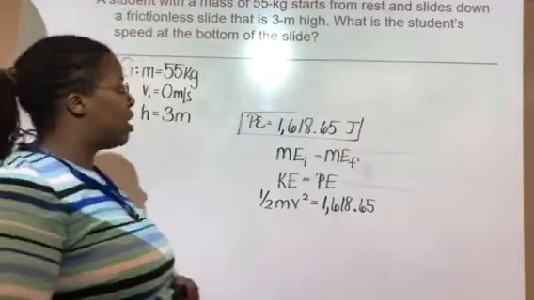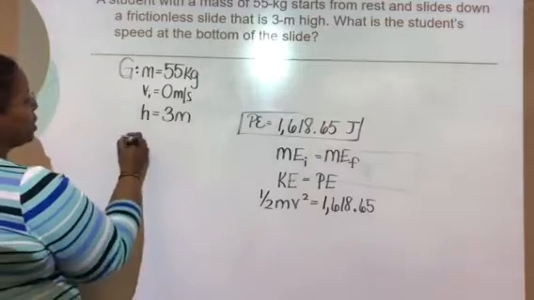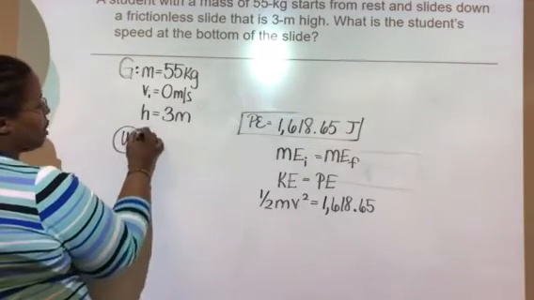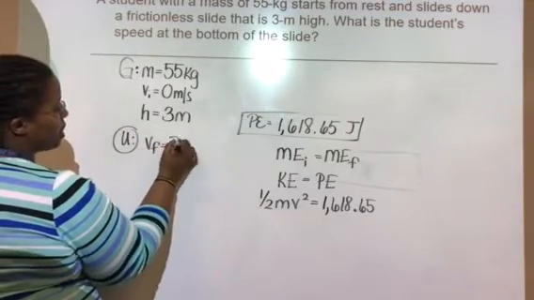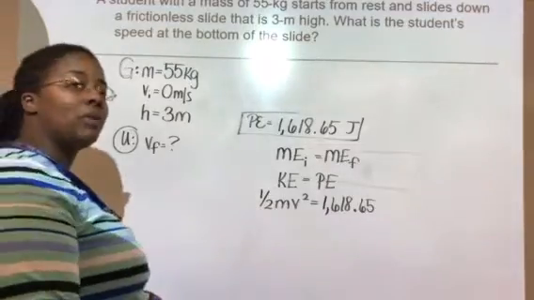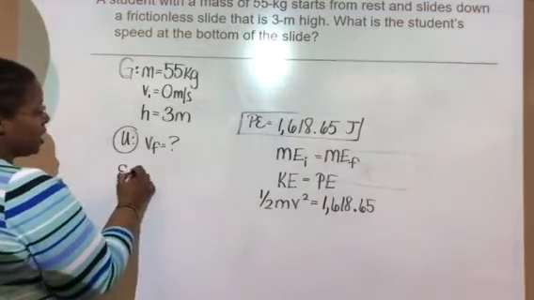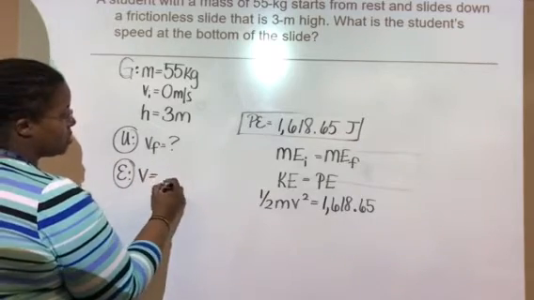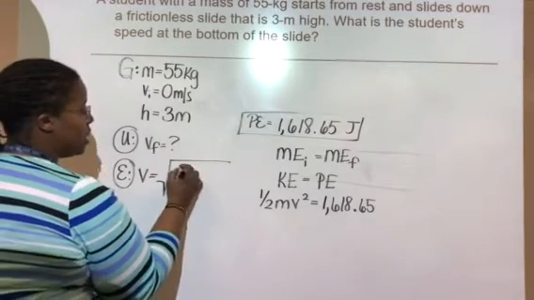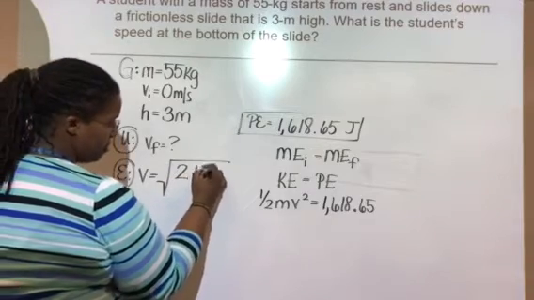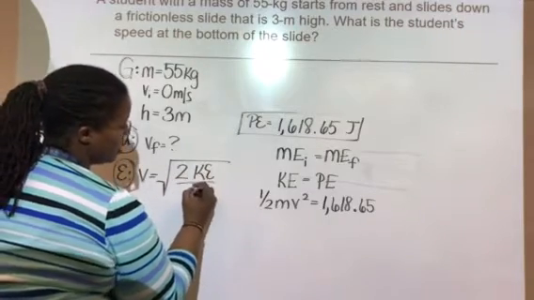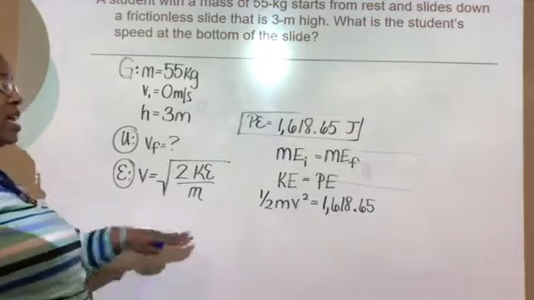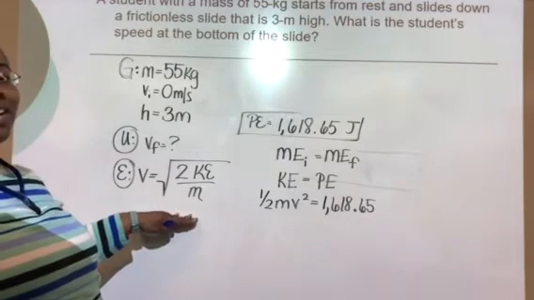And this equation is one that will eventually follow you. So we're looking right now for our final velocity, the velocity at the bottom of the hill. Our equation modified from this will be v equals the square root of 2 KE over m, and that's how this is going to be rearranged.